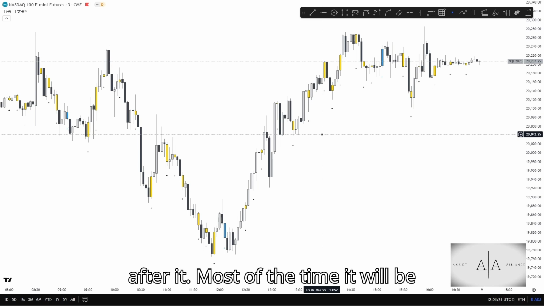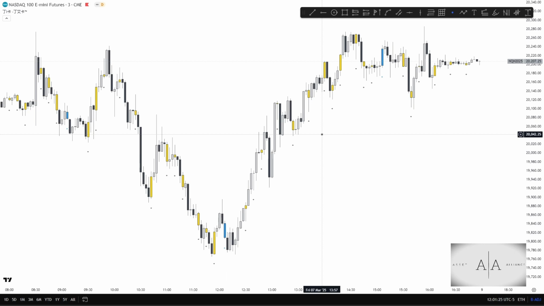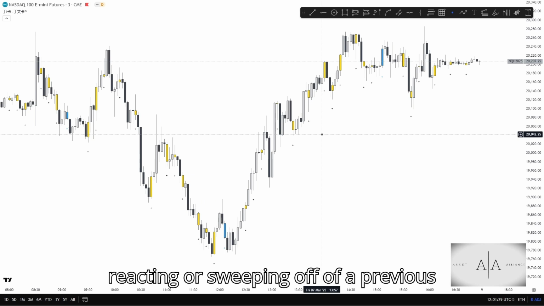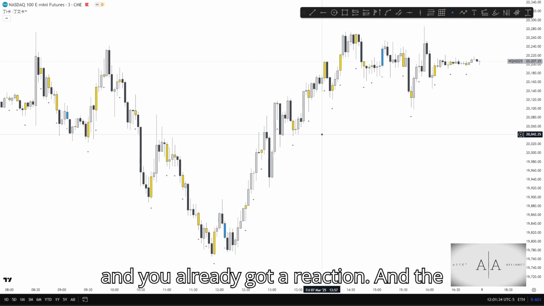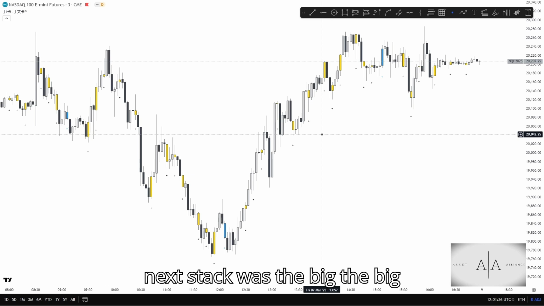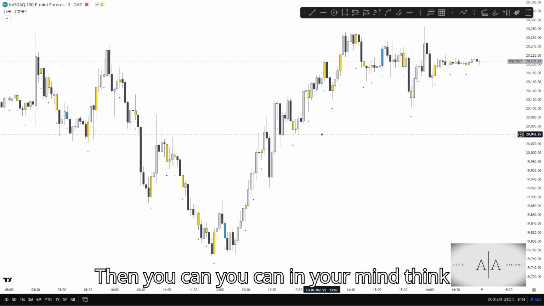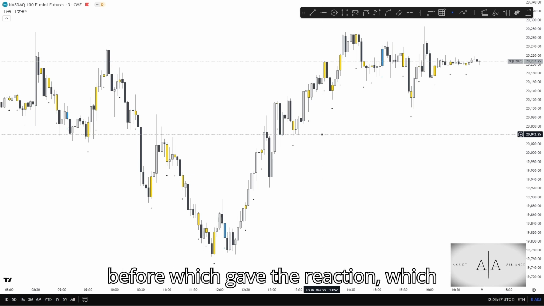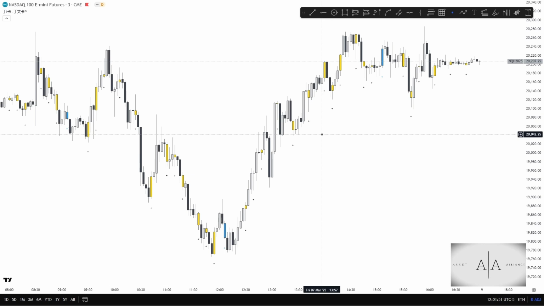Most of the time, it will be the current tech, but let's say you make an important low or an important high, reacting to or sweeping off a previous liquidity or a previous BISI, and you already got a reaction, and the next candle was the big imbalance candle or the displacement. Then you can in your mind think that it is going to be the candle right before, which gave the reaction, which would be the protected low pretty much.